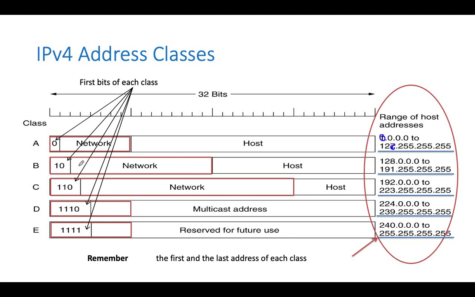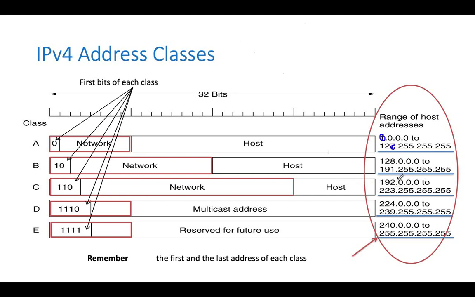Class B has 16 bits for network and 16 for host, and it usually starts from 128 to the end of 191. Class C, and the famous one with class C, by the way, is 192.168.